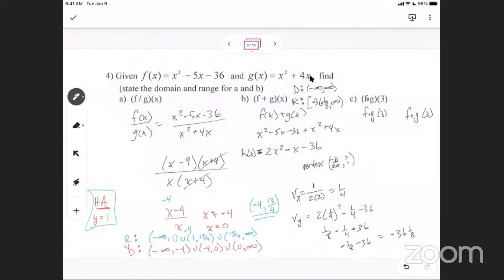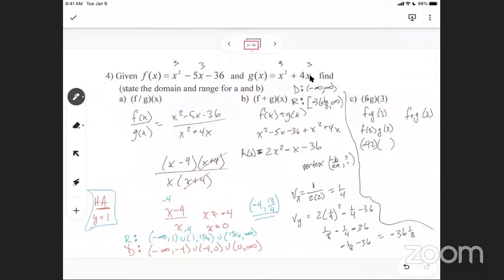F times g of 3 is just f of 3 times g of 3. So just plug in 3 for all the x's and multiply them out. F of 3, I'm just going to do this in my head: 3 squared is 9 minus 15, so that's negative 6 minus 36, which is negative 42.